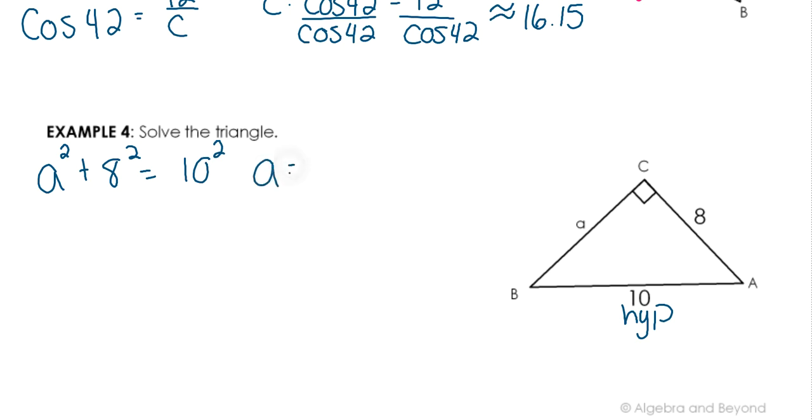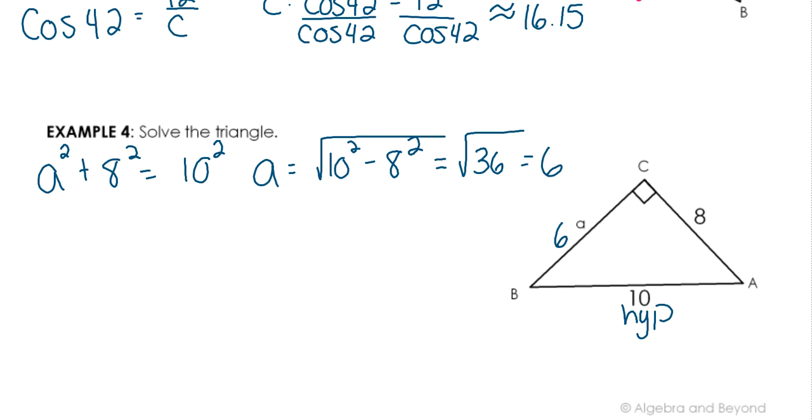So when I solve that, I would get that A is the square root of 10 squared minus 8 squared. And that's going to give me the square root of 36, which I know is 6. So this side length over here is 6.